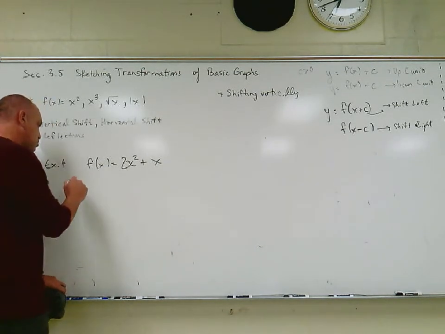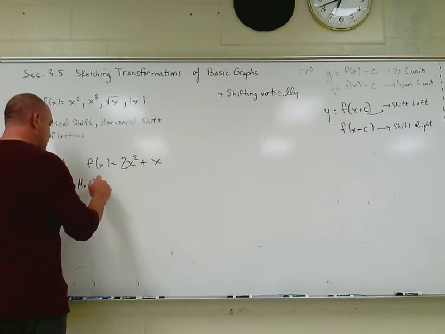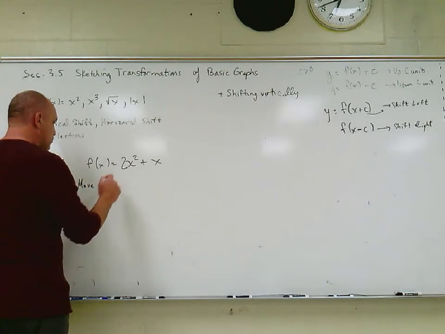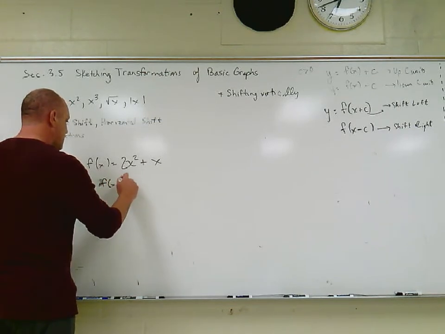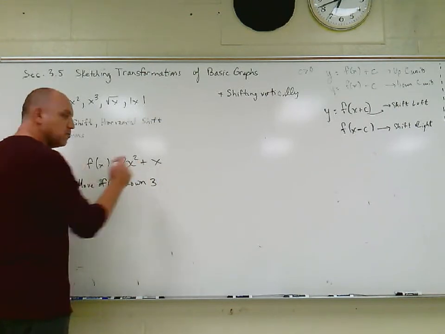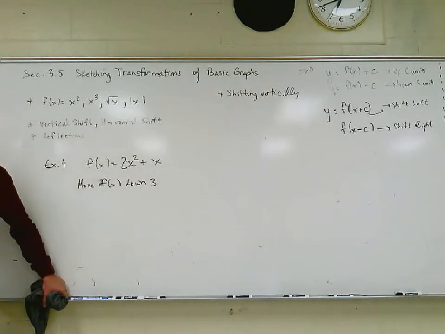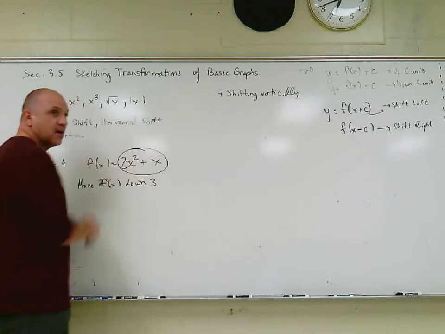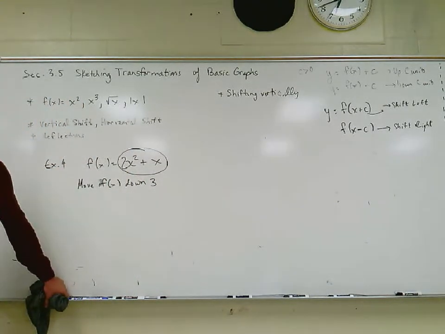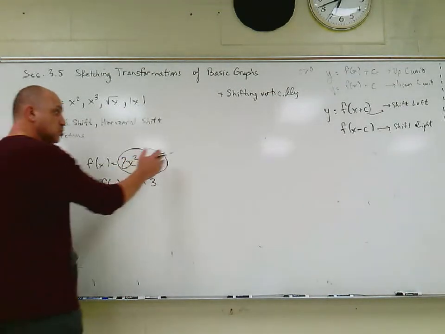If I asked you to move f of x down 3, what would you do? So here's the point. This now is your graph, and you gotta move this graph down 3. So how do we know that we moved down 3? Yeah, you just need to subtract 3.